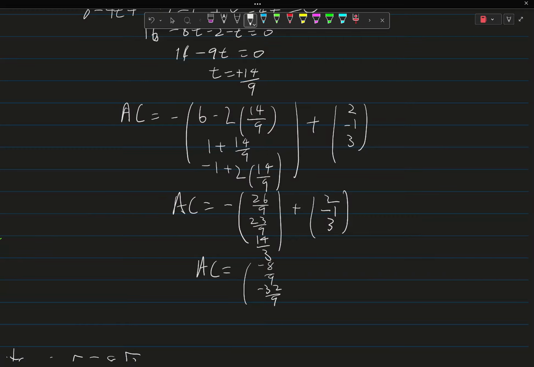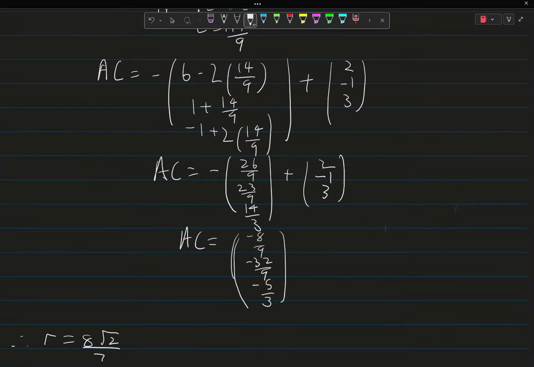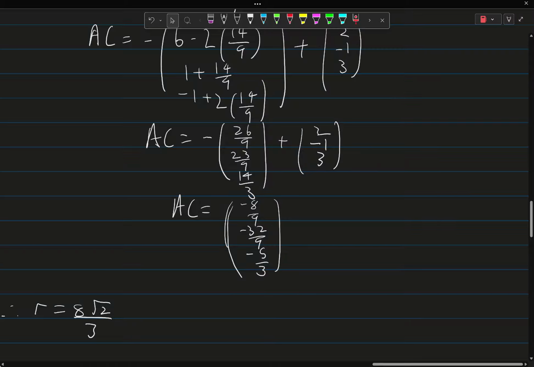-32/9. And -5/3. So the magnitude of AC will be all of those squared, and we add them up, plus which is not the same as the other.